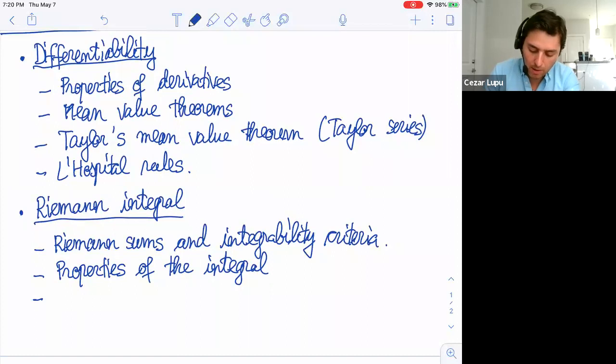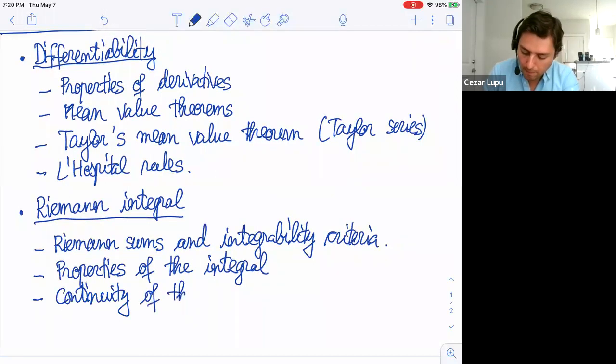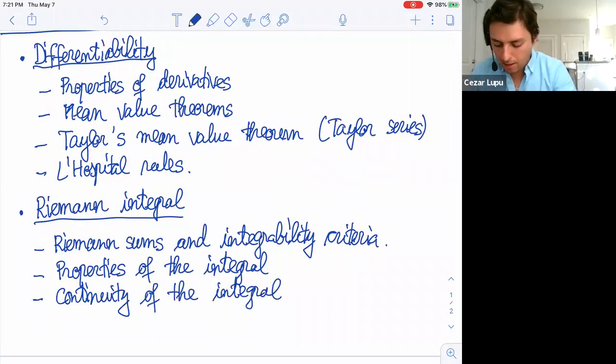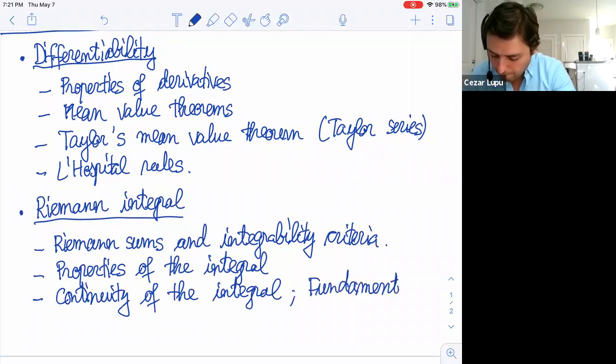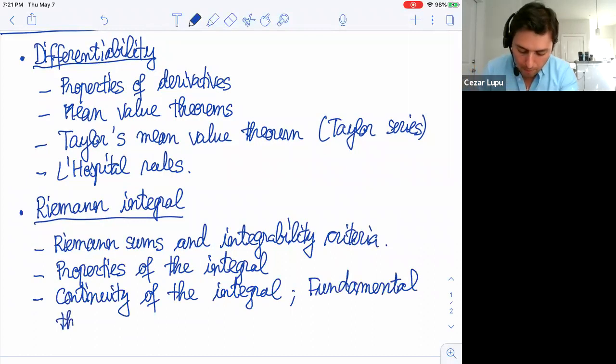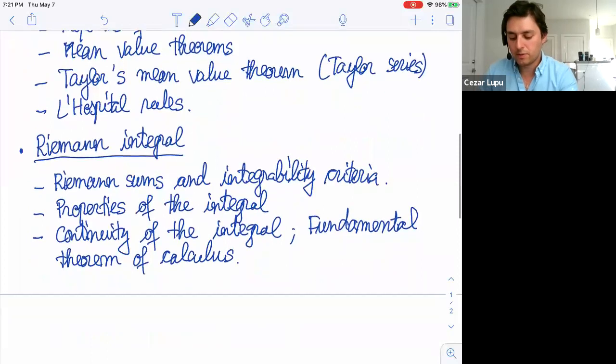Also, we've talked about continuity of the integral. And here we emphasized the fundamental theorem of calculus. And we've seen a bunch of stuff here.